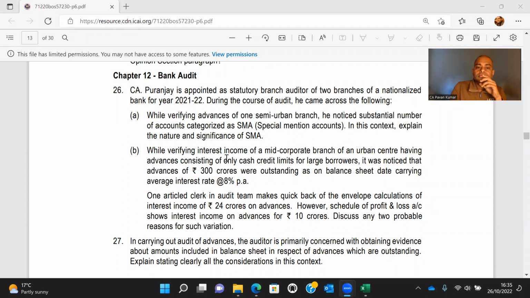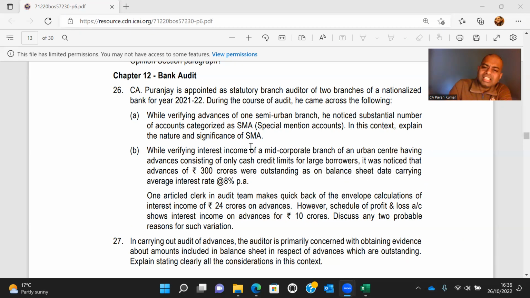CA Pavan is appointed as statutory branch auditor of 2 branches of a nationalized bank for financial year 2021-22. During the course of audit, he came across the following. While verifying advances of one semi-urban branch, he noticed a substantial number of accounts categorized as SMA. In this context, explain the nature and significance of SMA.